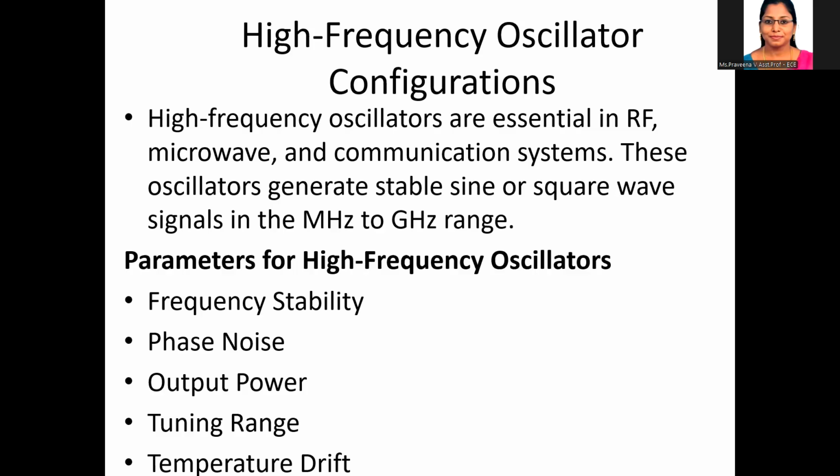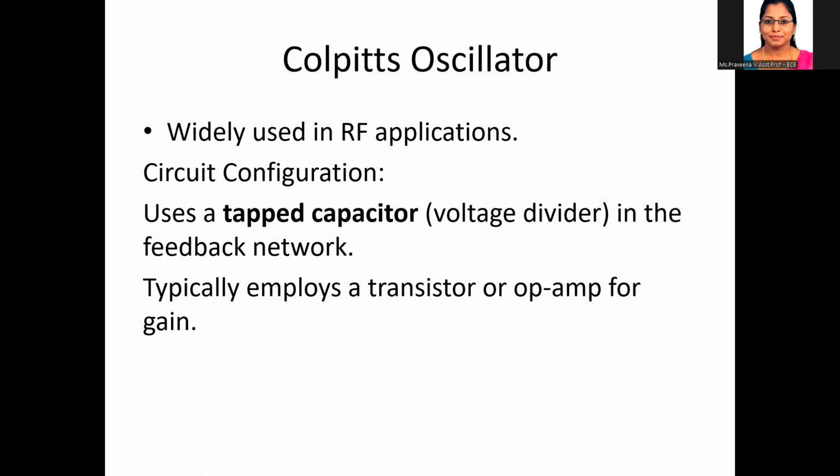Next, we are going to see the Colpitts oscillator. The Colpitts oscillator is a widely used LC oscillator, consisting of an inductor and a capacitor. It is used in RF and high frequency applications. It generates stable sinusoidal signals and is commonly used in radio transmitters, receivers, and signal generators.